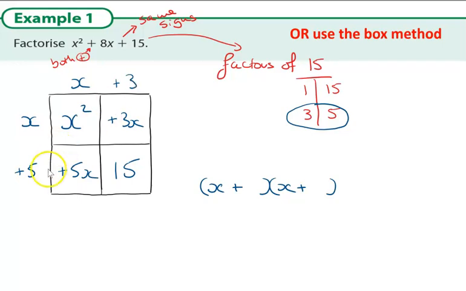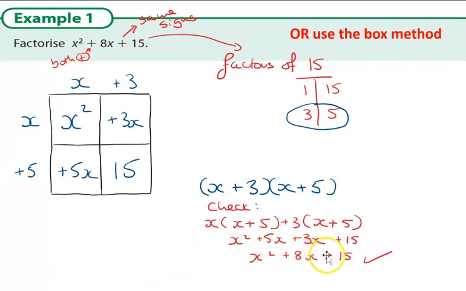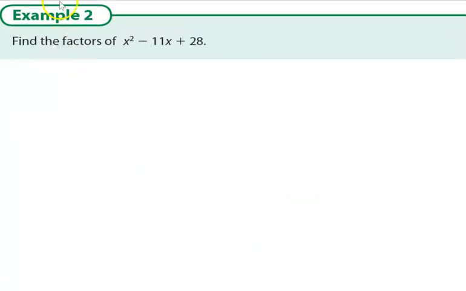And then you can just check if you're right by saying 5 multiplied by 3 gives me 15, and that is correct. So now I can fill in the back of my brackets. So the 3 goes in the back of one of my brackets, and the 5 goes in the back of the other one. And then I multiply out the brackets and see if I get back to the start, which I do, so I know I'm correct.